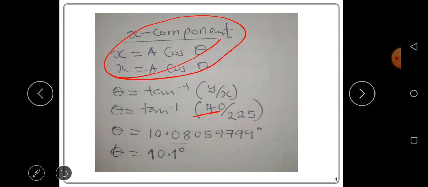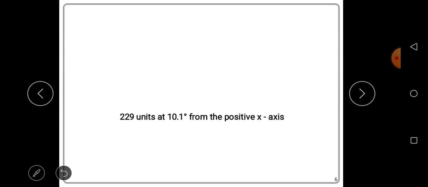It was 40, so we substitute that. Then the x component was 225, so we substitute that. When we punch this on a calculator, it gives us 10.08059799. Writing this in three significant figures, we get 10.1 degrees. So that's the direction of this vector.